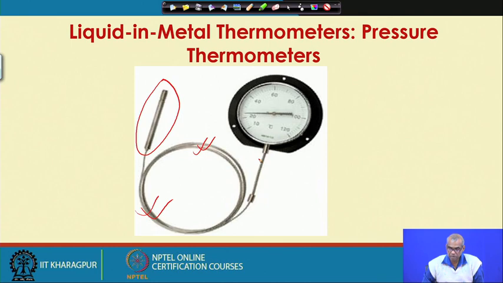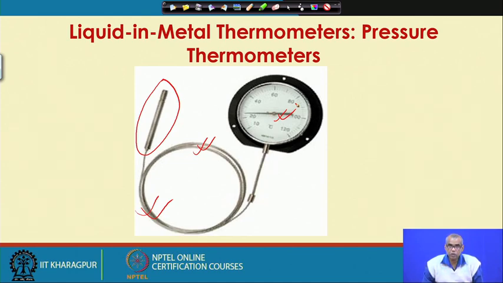The pressure sensitive element can be a Bourdon tube, maybe a C type Bourdon tube or a spiral Bourdon tube, or a diaphragm gauge. So, commonly it is either a Bourdon tube or a diaphragm gauge. Now, this pointer and scale is attached to the tip of the Bourdon tube. Let us say the pressure spring we are using is a Bourdon tube.